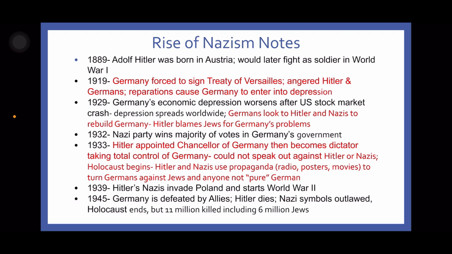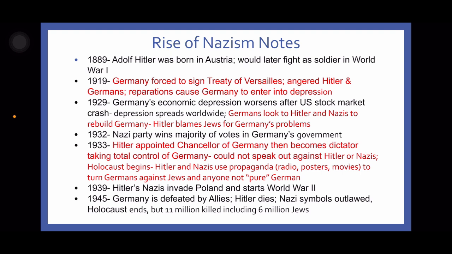Anti-Semitism means hate against Jews. So now you would see a lot of posters saying Jews are germs, Jews are bad, and things like that. And Hitler really wanted people to know that Jews are not good for the world.